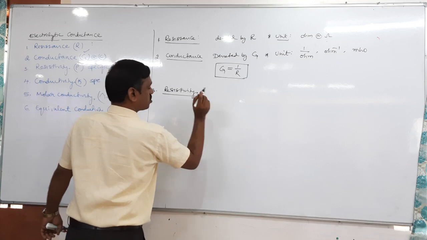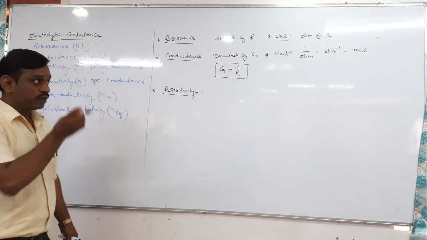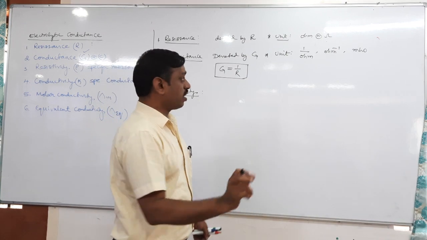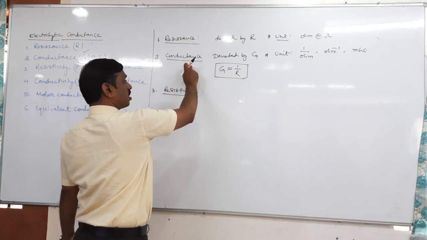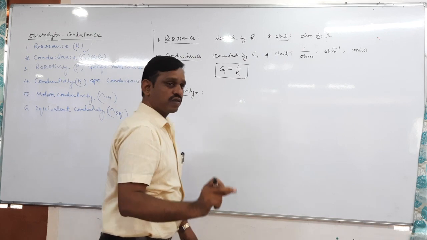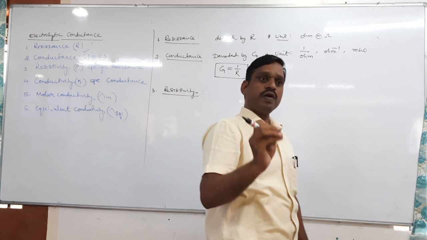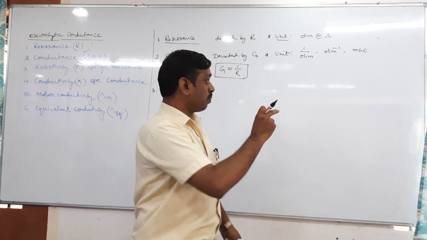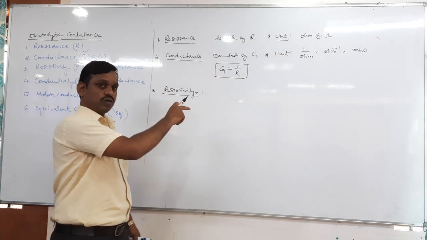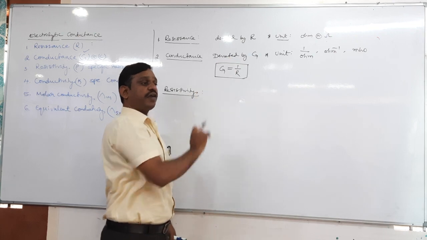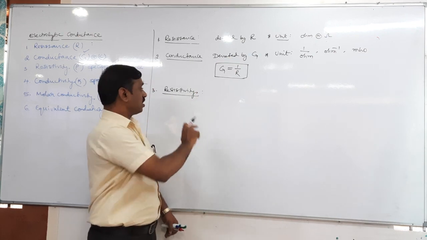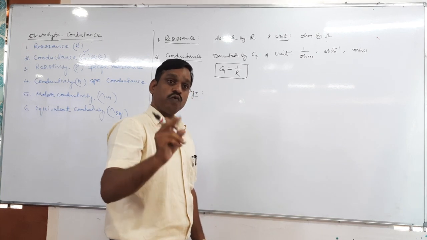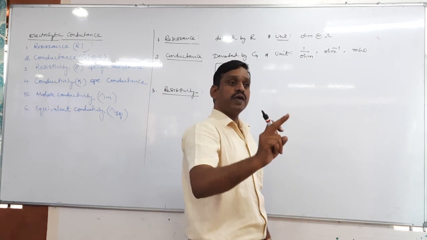What is resistivity? Resistivity and conductivity are similar, like resistance and conductance. Resistance is the property which opposes the flow of electric current, conductance is the property which allows it. Similarly, resistivity is the resistance of 1 ml or 1 cubic centimeter of electrolyte.